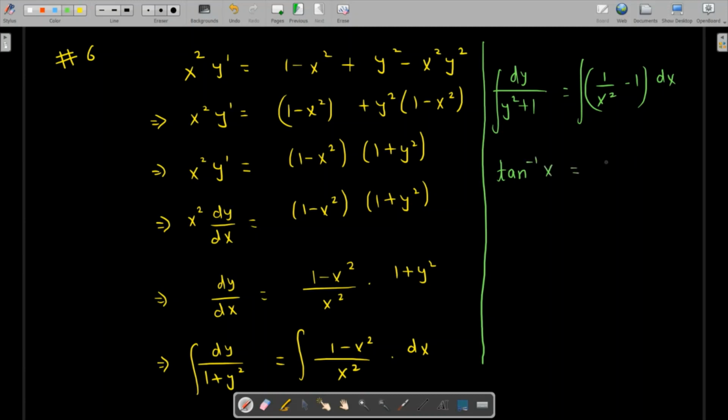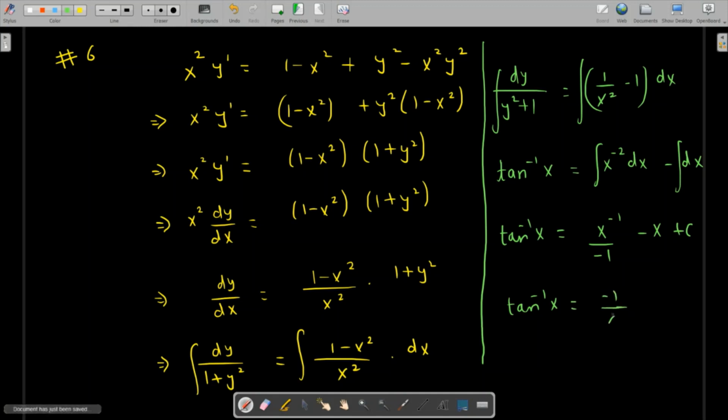This is nothing but x raised to the power minus 2 dx integral, and this is minus of dx integral. So that's going to look like tan inverse x is equal to x raised to the power minus 1 over minus 1, minus x plus c. So that's going to look like tan inverse x is equal to negative 1 over x, minus x plus c, which is the final answer.